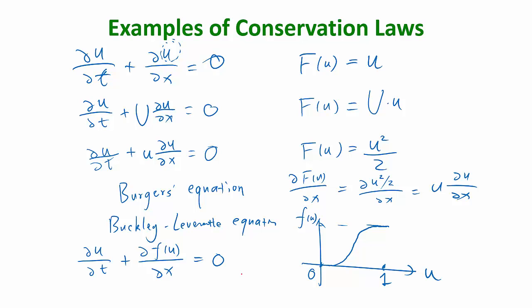There is no water moving through. And when the fraction is 1, it's all water, so it's all water moving through. But in the middle, because of the complex dynamics involving surface tension and the porous media flow, the flux behaves in a very interesting way. That's where the nonlinearity comes from. This is another good example of a scalar conservation law.